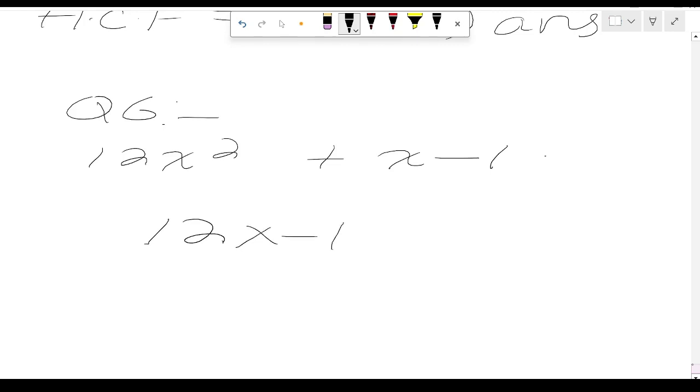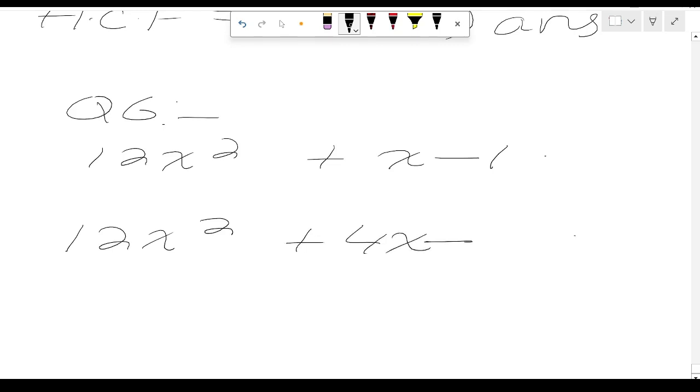So 12 multiplied by negative 1 is equal to negative 12. So we need to find the factors of negative 12 such that we will have 1 for x. So that is 4 and 3. I will write here 12x square, and then I will write plus 4x minus 3x minus 1.